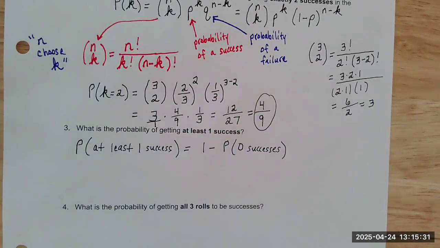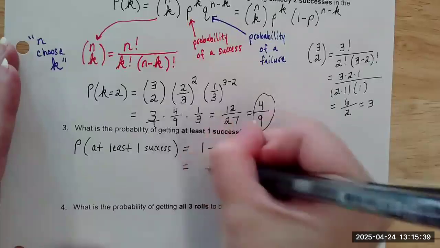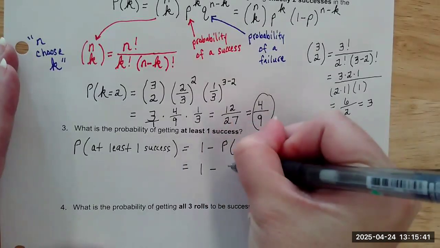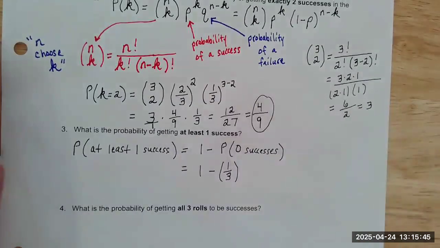Then the probability that I got 0 successes on all 3 rolls is going to be this. 1 minus 1/3 would just be if it was 1 roll. 1/3 times 1/3 would be if it was 2 rolls, and 1/3 times 1/3 times 1/3 would be if it was 3 rolls.